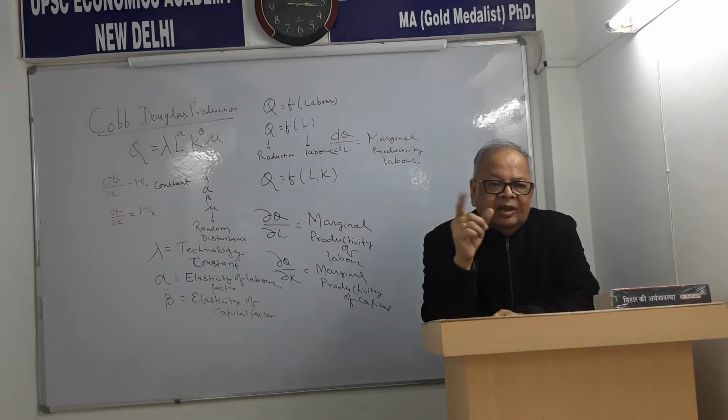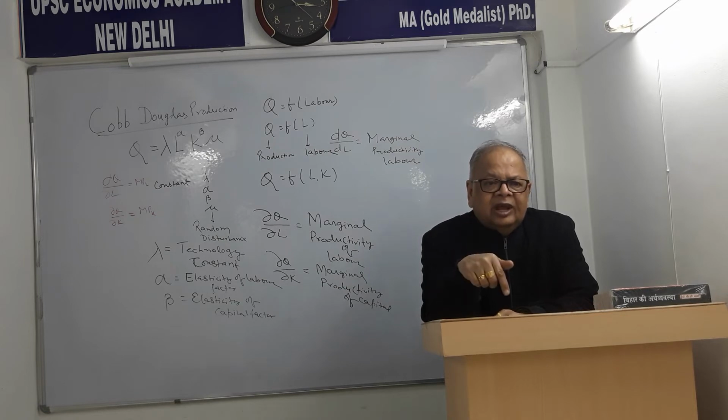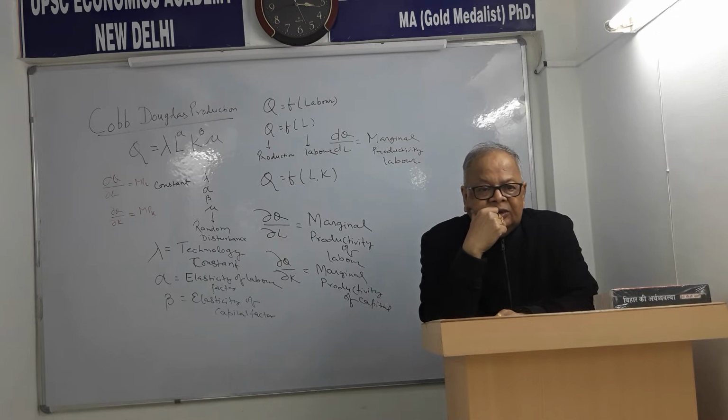All were India. During British rule, the size of India was present India plus Pakistan plus Bangladesh. So our old India was better than new India in terms of territory, in terms of size, in terms of resources.